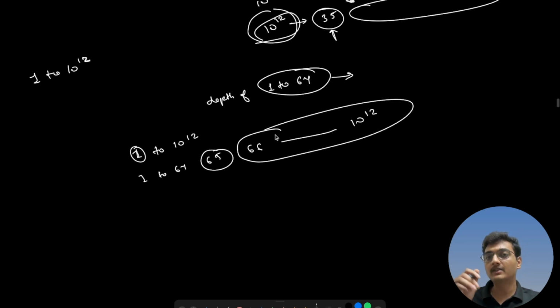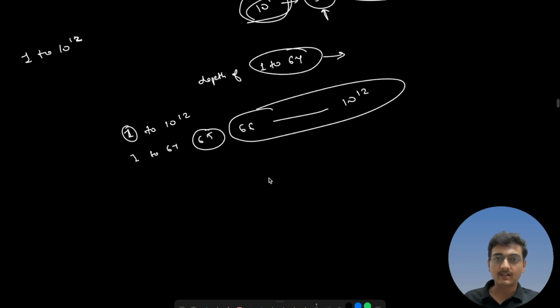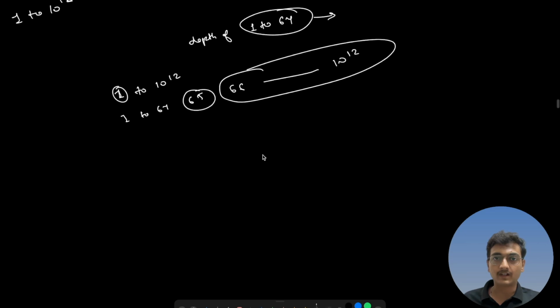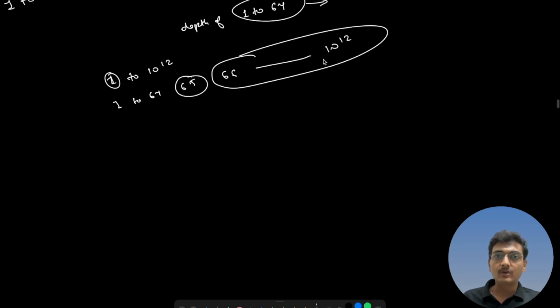I will do something with the binary representation only, which will come from the digit DP. We'll be checking that part as well. But now let's check how we'll be solving this. So what I need to do here is, let's see.